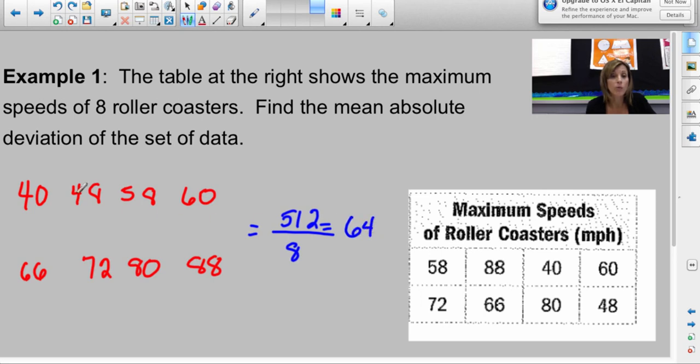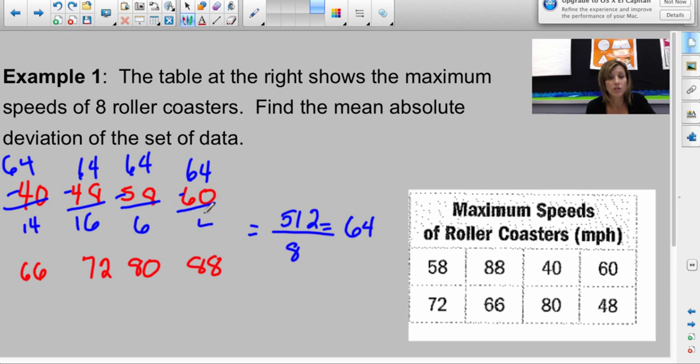Now, at this point, we're going to take 64 and find the difference between 64 and 40, which is 24, and 64 and 48, which is 16, and 64 minus 58, we're finding the differences, so that's 6, and 64 minus 60, which is 4.